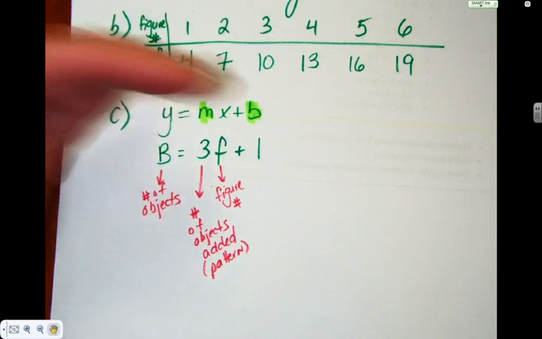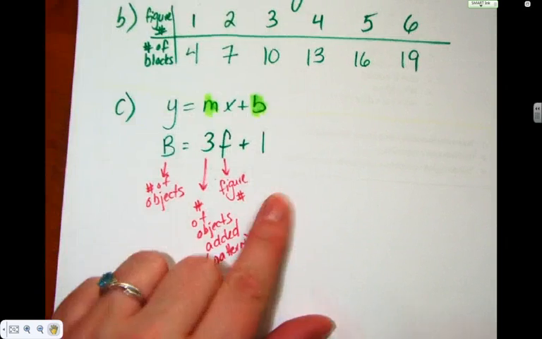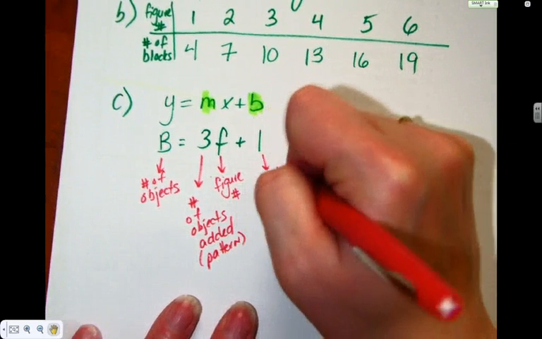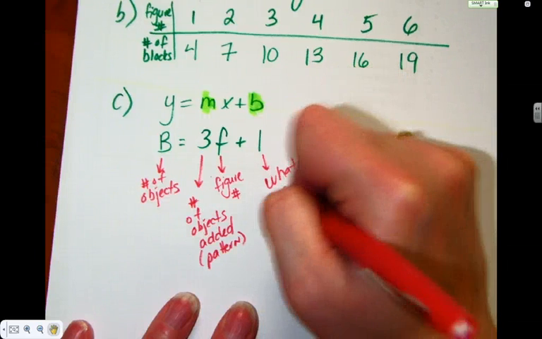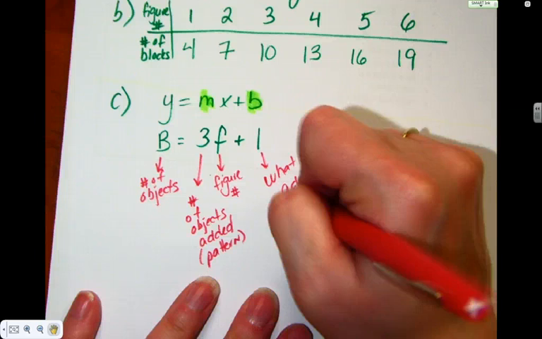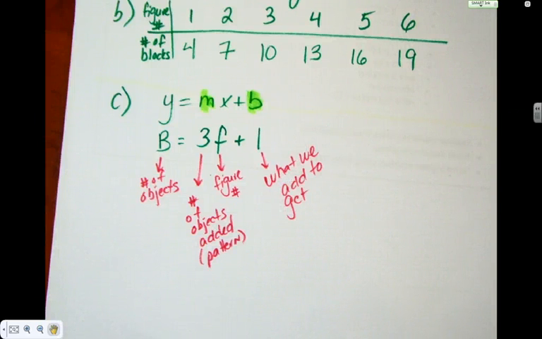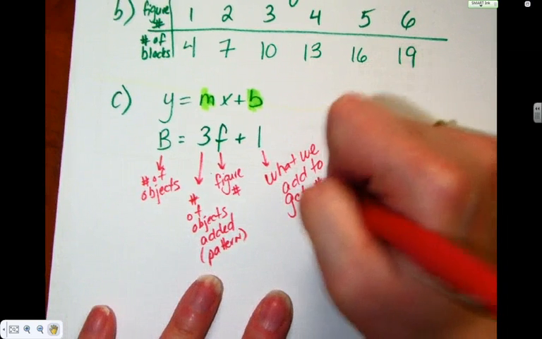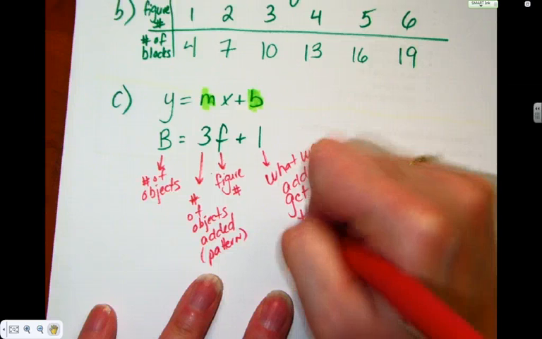The reason we did the table is just to have a way to get this last number here. And this is what we add to get the values in the second, now row if you're going horizontally, column if you're going vertically. So what we add to get the numbers in the second row.